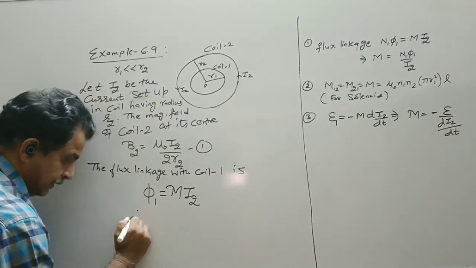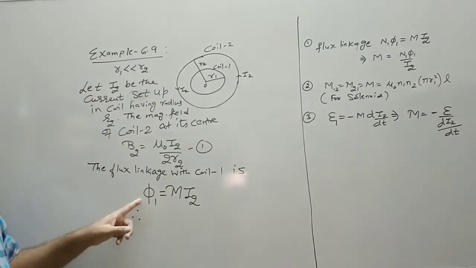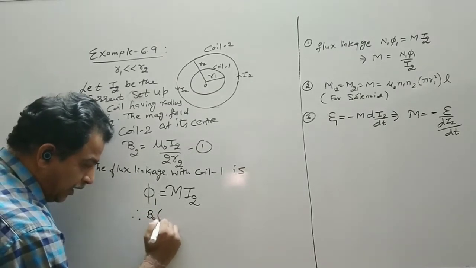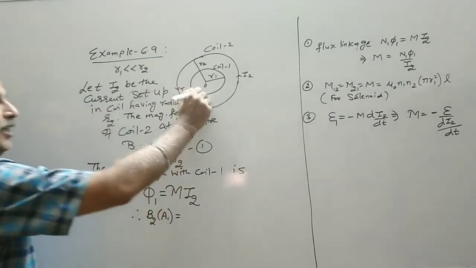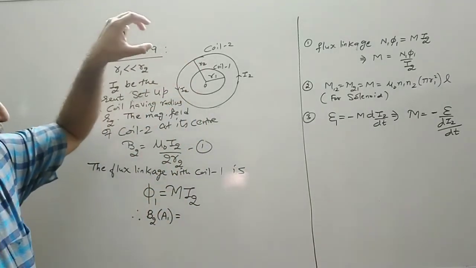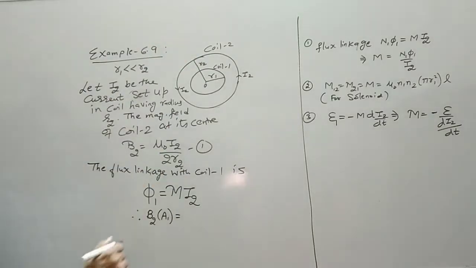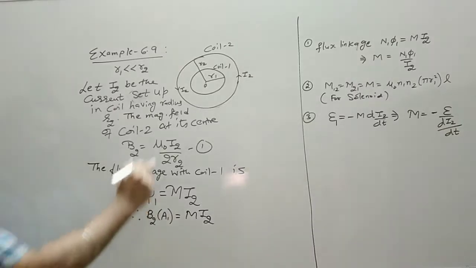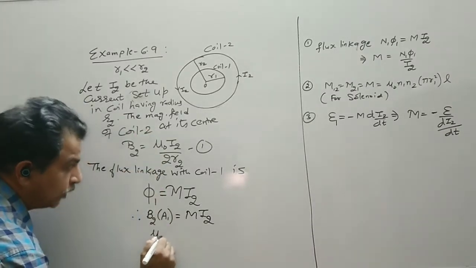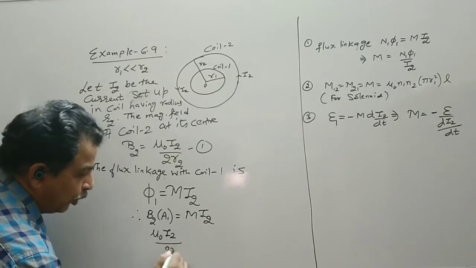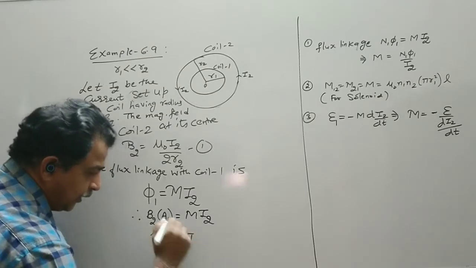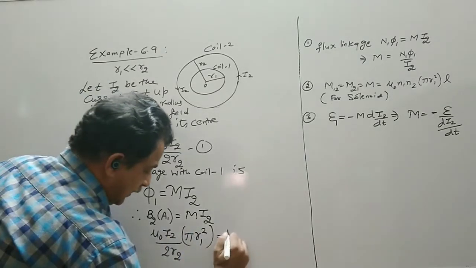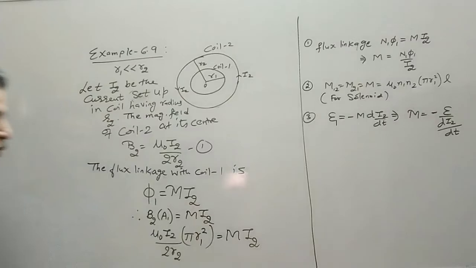Therefore, now this flux can be written as B2 times area, and the area should always be of the inner coil because the entire coil is immersed inside it, that is equal to M i2. Now B2 is equal to mu naught I2 upon 2R2, area of inner, that is pi R1 square, equal to M into I2.